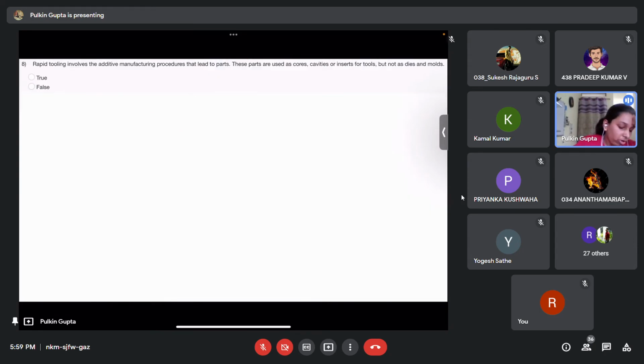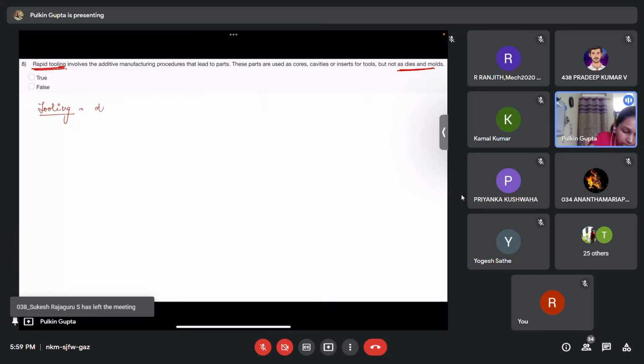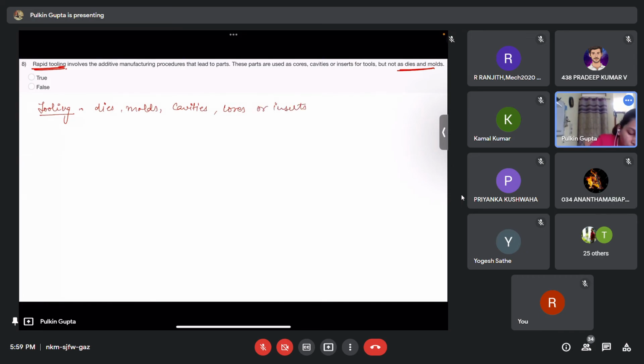Now, rapid tooling involves additive manufacturing procedures that lead to parts. These parts are used as cores, cavities, or inserts for tools, but not as dies and molds. So, true or false? What does the term rapid tooling mean? Tooling means everything including dies, molds, cavities, or inserts, since molds and dies are also tools that are used to fabricate a final part.